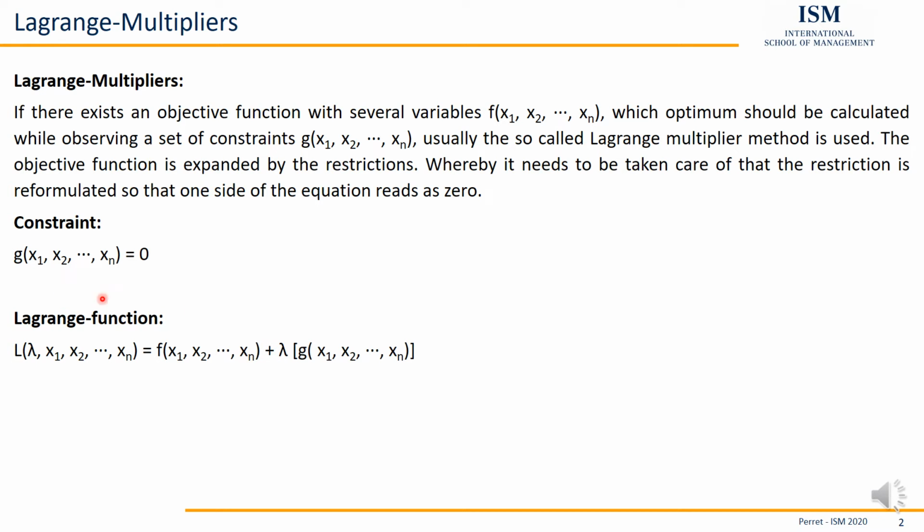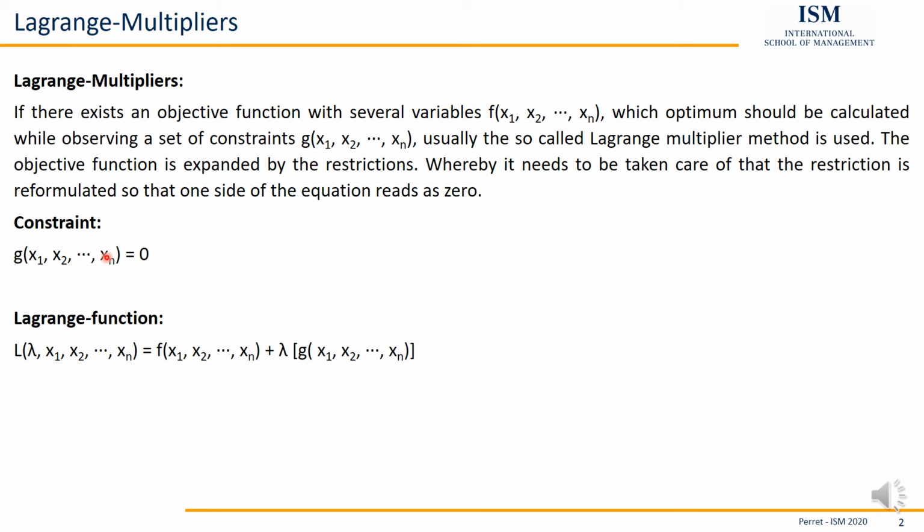So here we only have one constraint, so we have one lambda, one multiplier, which enters the Lagrange function also as a variable. If we were to have two constraints, we would have, for example, lambda 1, then plus lambda 2, and then the second constraint. Then we would have two additional variables here.